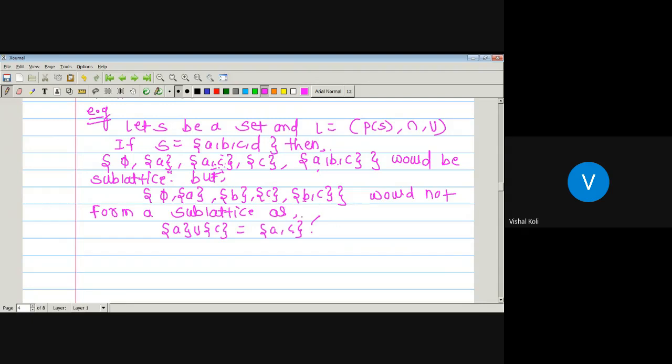Okay, so it does not hold the definition of sublattice. It contradicts our definition, and hence it is not a sublattice.